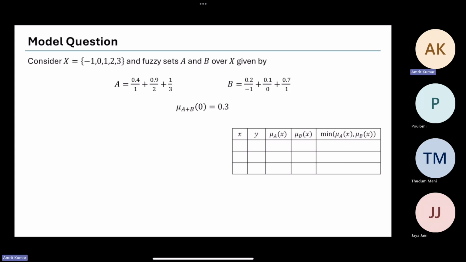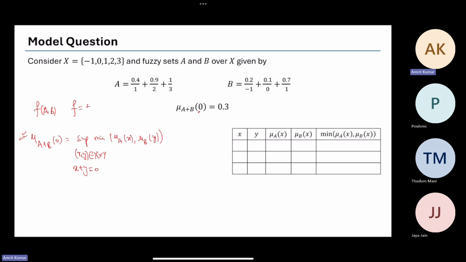Now let us evaluate the membership function of 0 in this. So by this time, this formula should get into your head. We are interested in f of A comma B, where f is plus here.